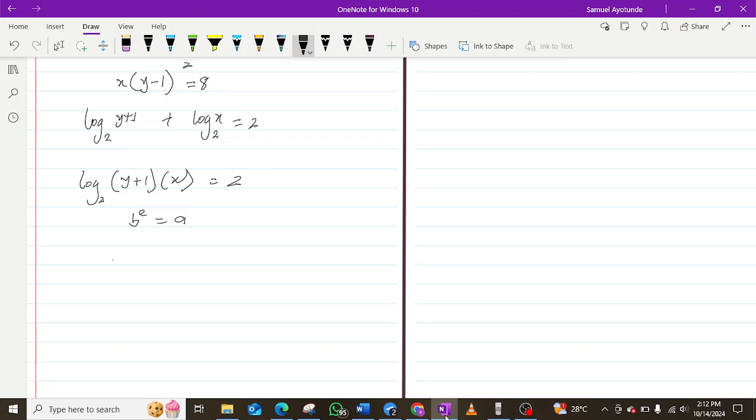So we have 2 to the power of 2 is equal to (y plus 1) in brackets x. So from here, our 4 is equal to (y plus 1) in brackets x.